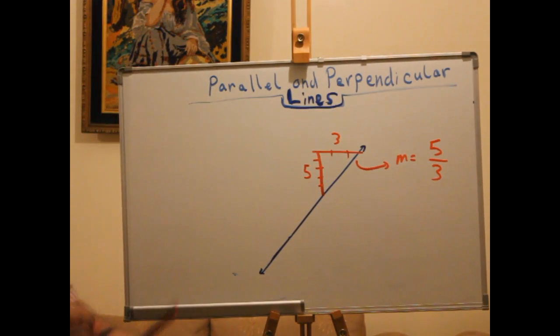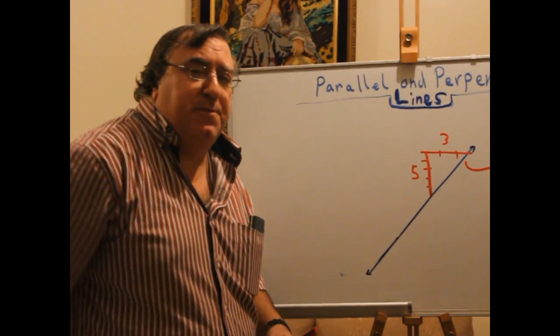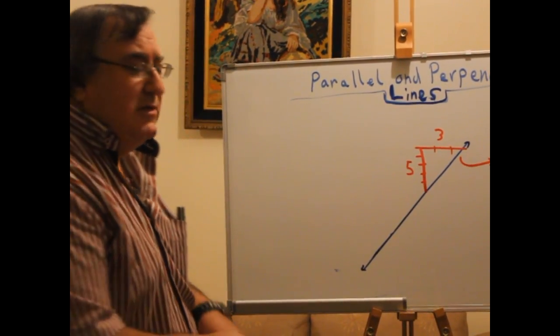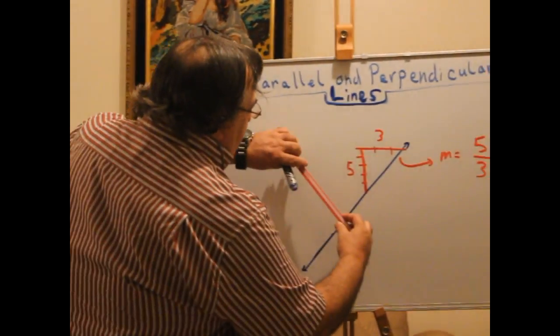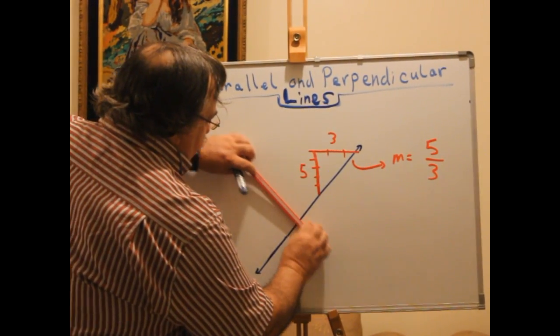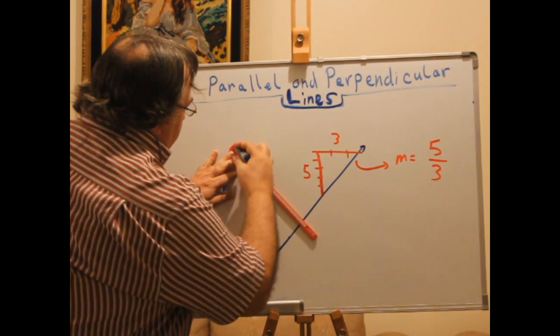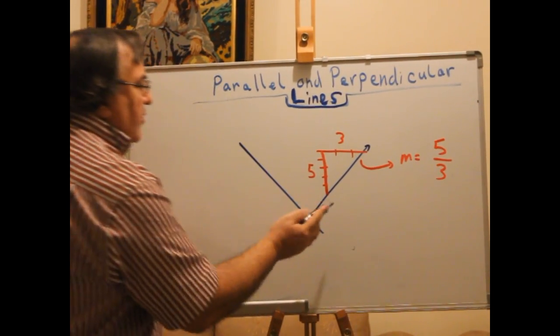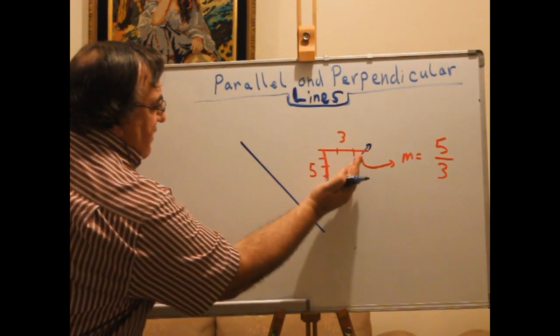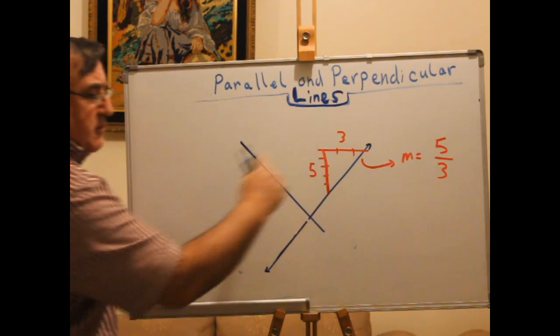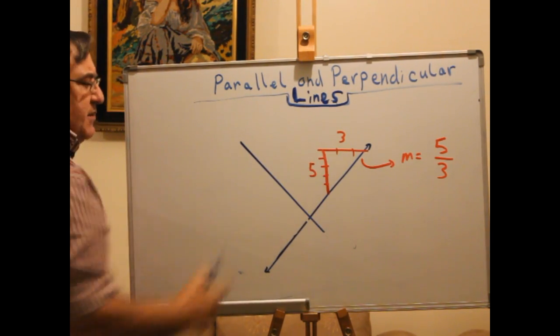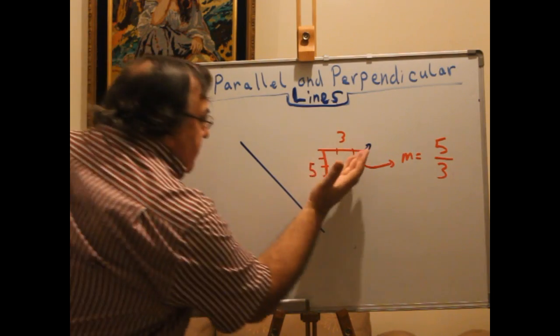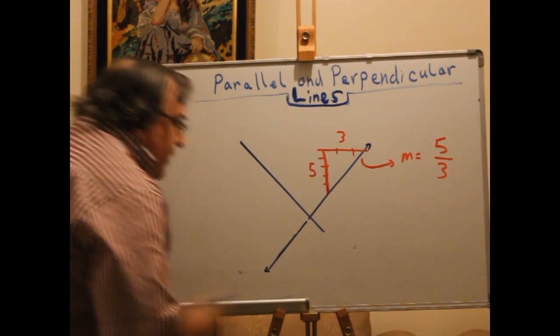Okay? Now let's assume you want to make another line which is perpendicular. What will happen to that slope? Let's see. If I make a line perpendicular here, assume that this line became here. What will happen to the triangle? The triangle will become, it is here 90 degrees.